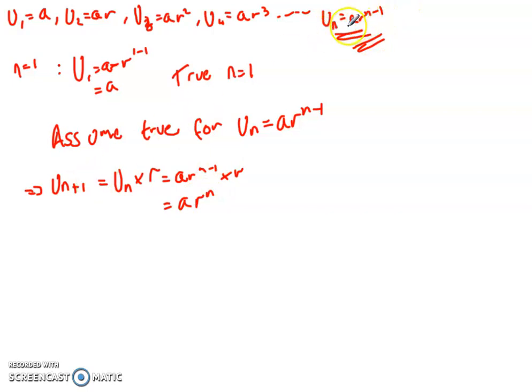The only difference is instead of the nth term, I've got the (n+1)th term, and if I substitute n+1 in for the n, I'd end up with the power after there, which is n. So it's true for a generic term, it's true for the next term, so therefore it's true for all terms. So it's true for all n.